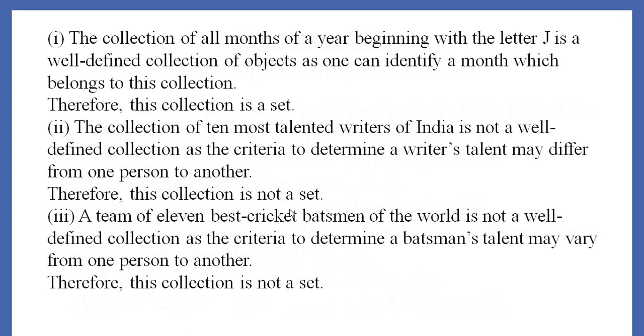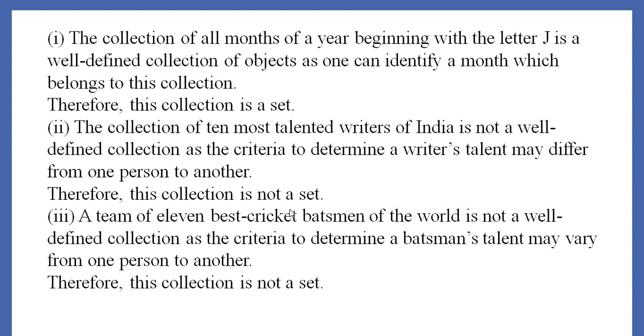This is a set. Why? Because the collection of all months of a year beginning with the letter J is a well-defined collection of objects, as one can identify a month which belongs to this collection. Which elements belong to this collection?